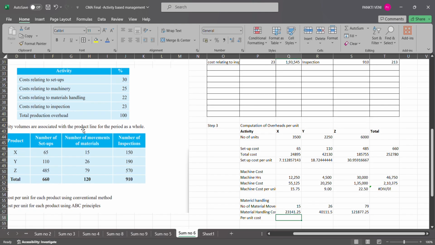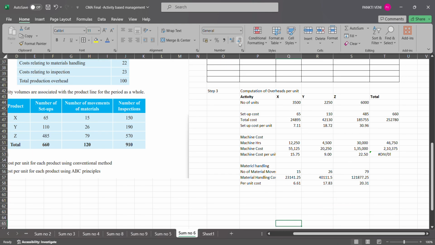This cost is divided by the number of units. So I got 6.61, and by doing this I got my per unit cost also. So this part is ready.